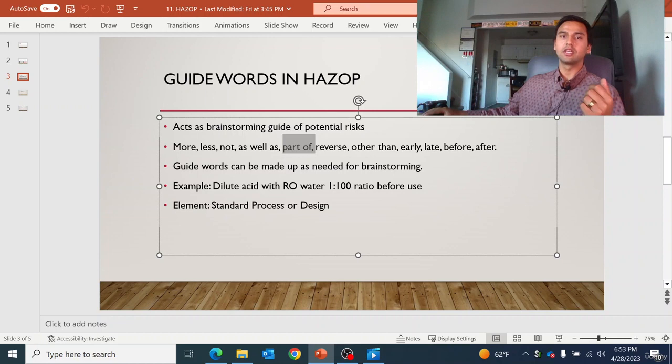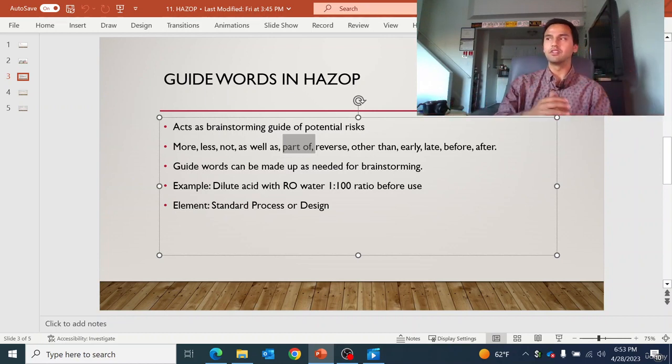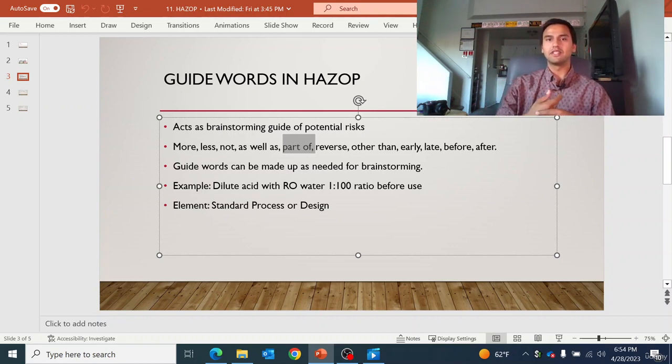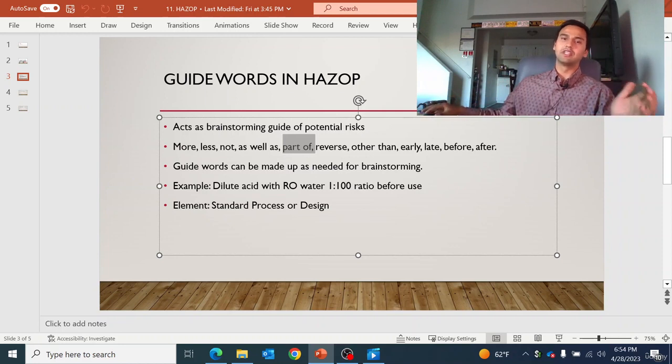So the way that you can control that risk is to ensure that the GMP facility, or the place where you manufacture the product, does not have a tap water source and only has RO water. So that basically eliminates that deviation from happening. That's a really good example. So guide words help you find a deviation, and when you know the deviation, you know how to ensure that the deviation does not occur.